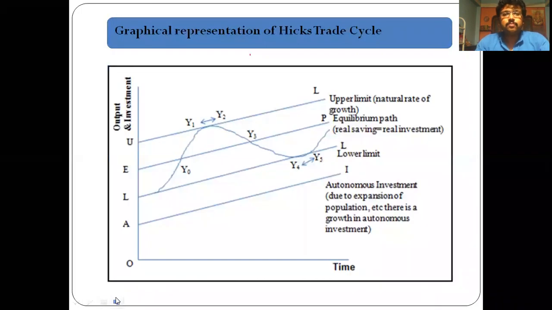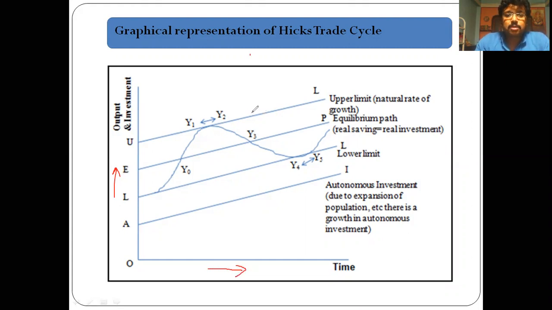Now we try to explain the Hicksian model through a graphical presentation. Look at this graph, where along the vertical axis we measure the output and investment, and along the horizontal axis we measure the time.